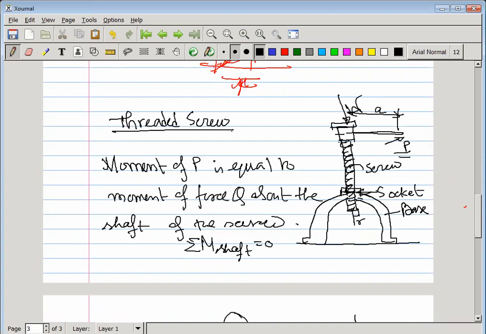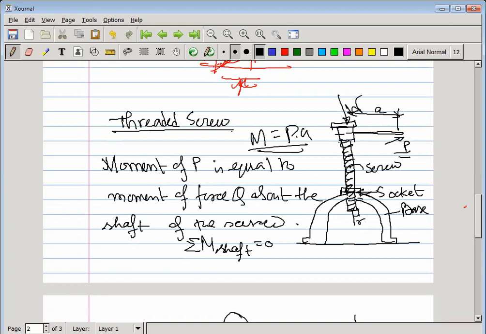Suppose there is a screw with threads, and there is some arm, and in that arm you apply some force, and the arm length is considered as A. So the P into A, that is the moment. Is it right? M is nothing but P into A.